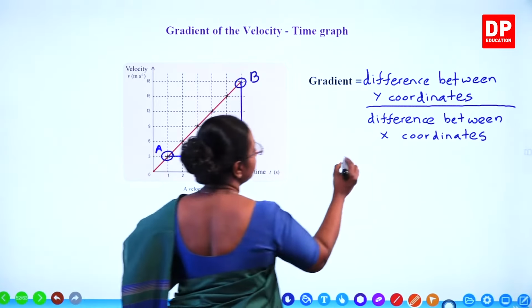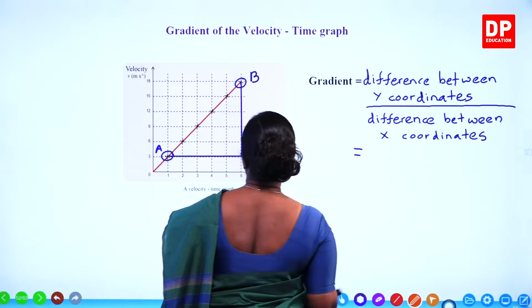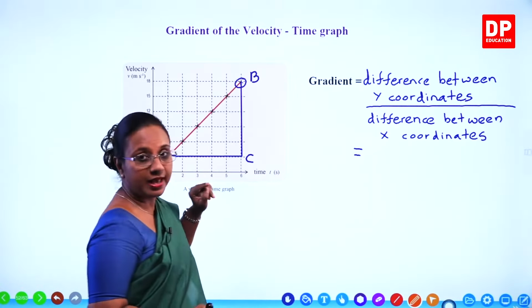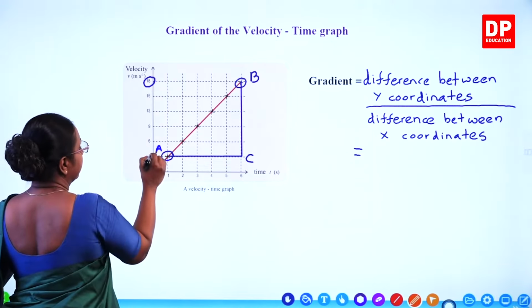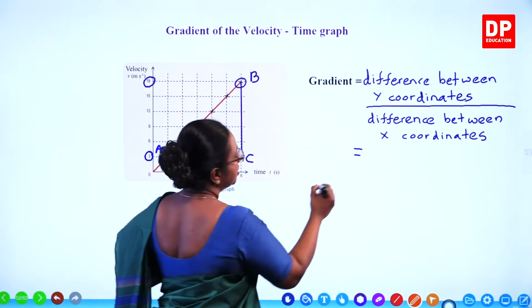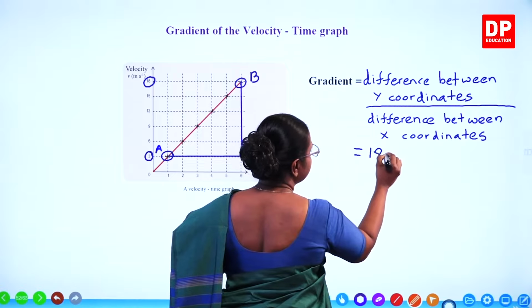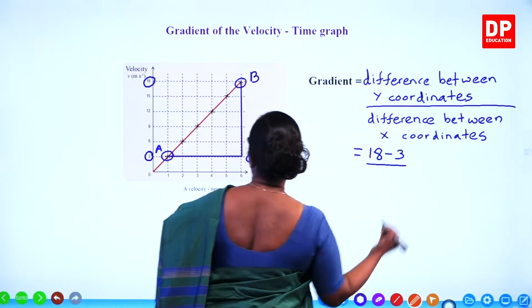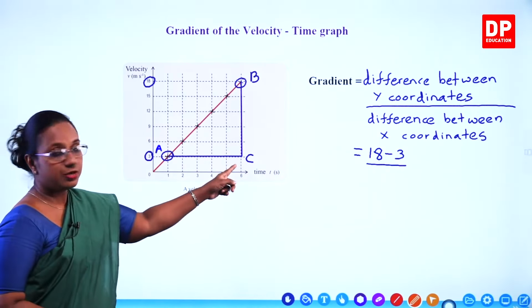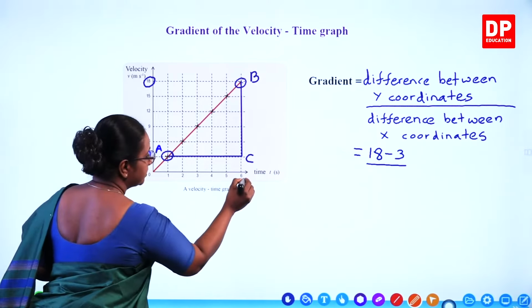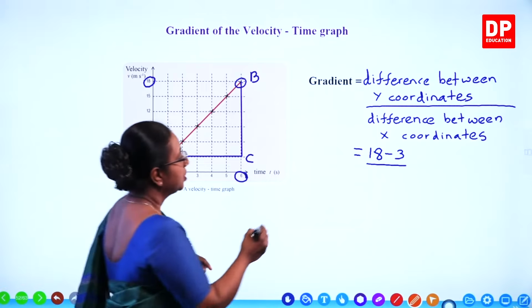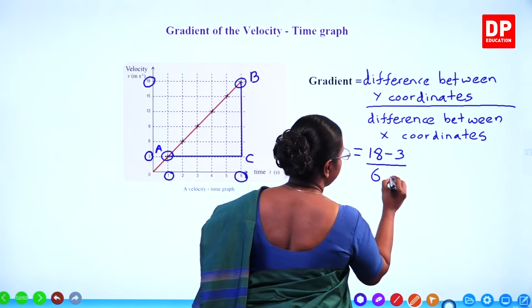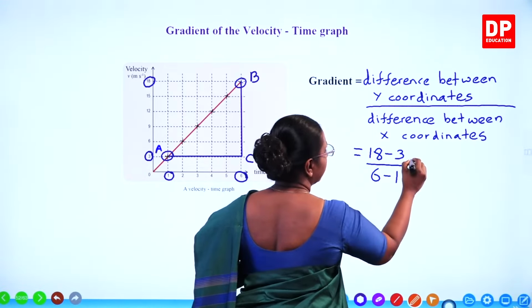If we substitute the values in this equation, y is 18 here and 3 there. So it will be 18 minus 3, and for the values of x, it's 6 here and 1 there. So 6 minus 1.